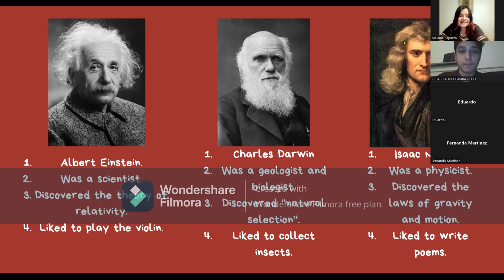Okay, and for the last activity, now we are going to say 5 facts about yourselves. Information that later we are going to use to make sentences using relative clauses, just like the information that we saw with these three celebrities.